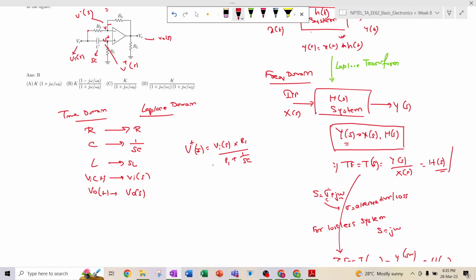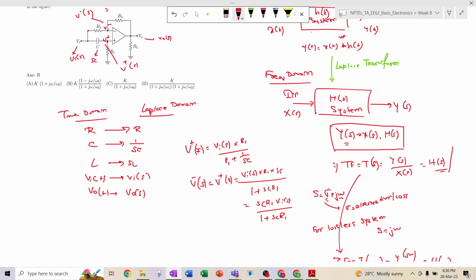According to the virtual short concept, V minus S should be equal to V plus S. So this is Vi of S into R1 into SC divided by 1 plus SCR1, that is SCR1 into Vi of S divided by 1 plus SCR1.